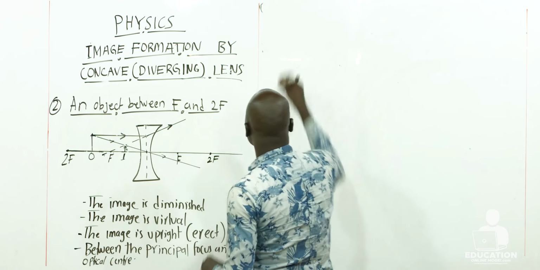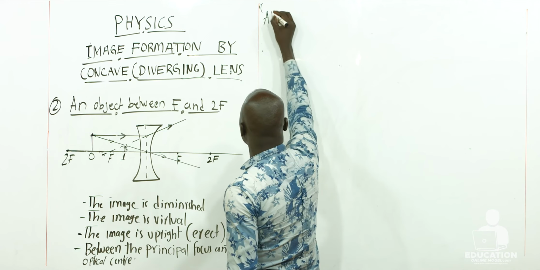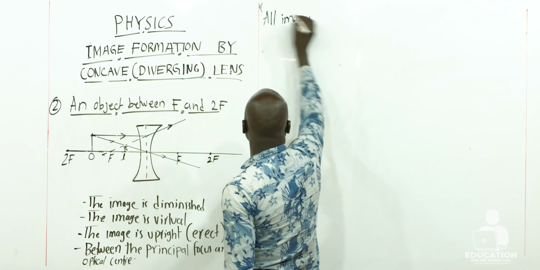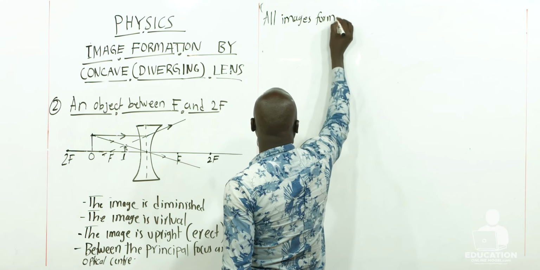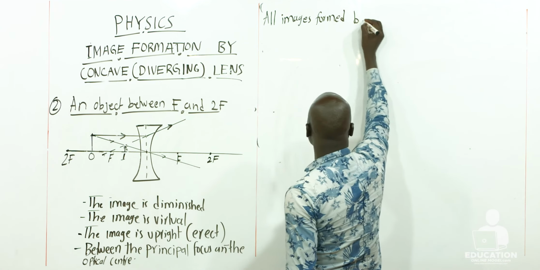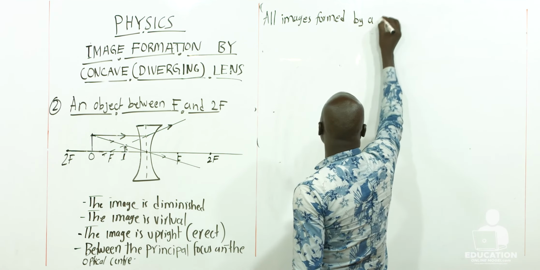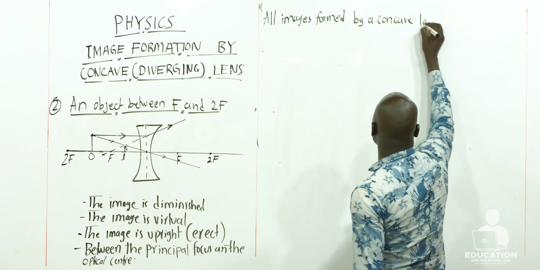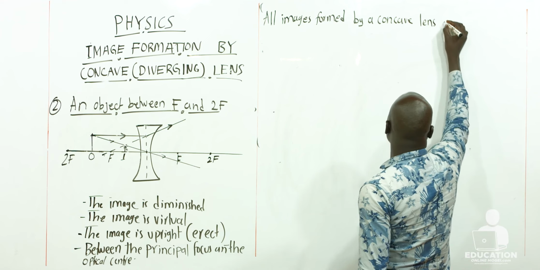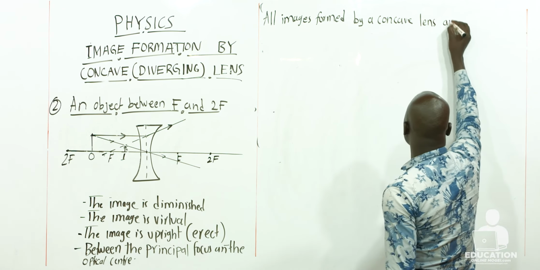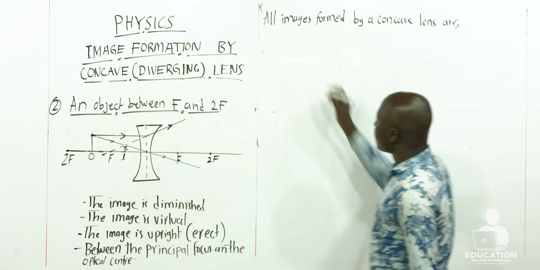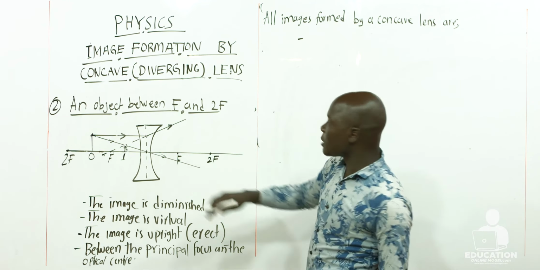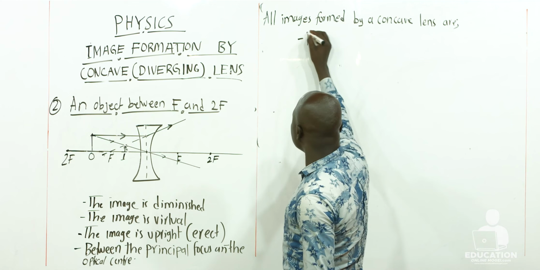We can say all images formed by a concave lens are, so these are the characteristics of the images formed by a concave lens at various positions. 1, the image will always be diminished.